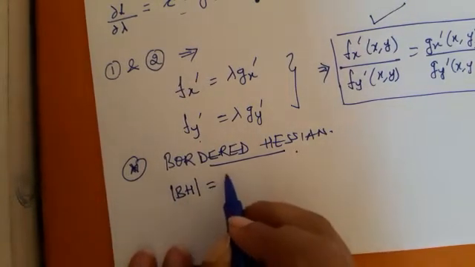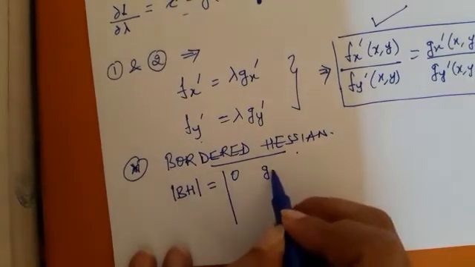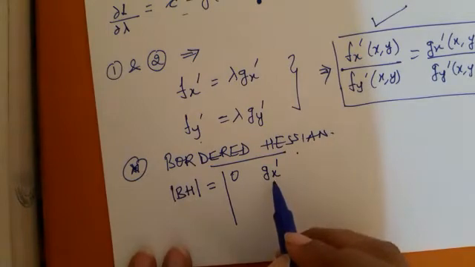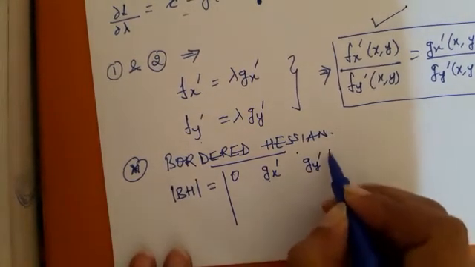Now the bordered Hessian is given by this determinant: 0, g sub x, so basically the partial derivative of the function g with respect to x, g sub y.